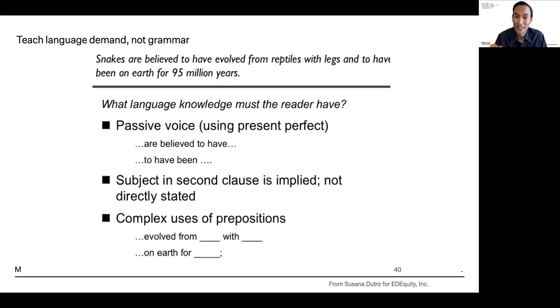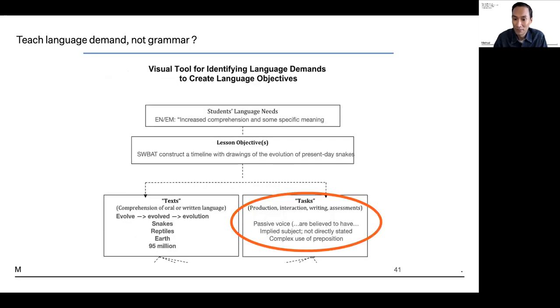So you can take your pick. In just one sentence, you have these 3 challenges in grammar that need to be taught. But you know your students, you know your lesson, and you know the capacity of the way you're teaching. You can pick one of these and focus on that for the day. Put them under tasks.